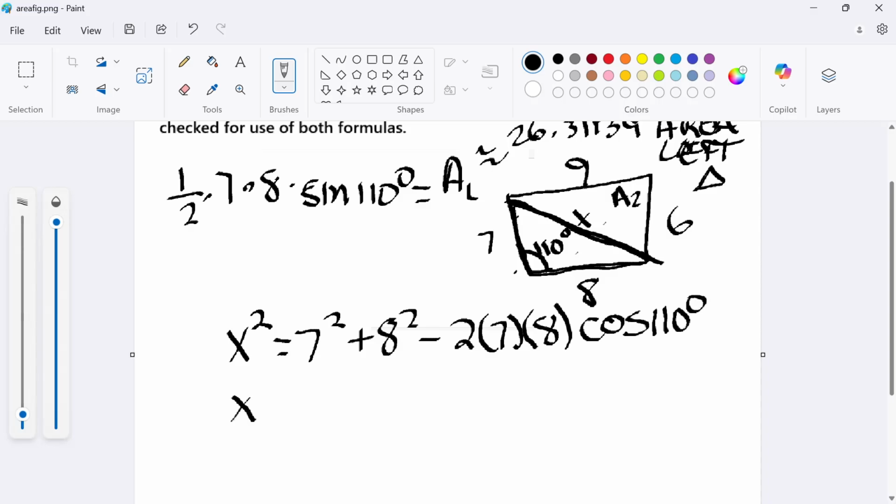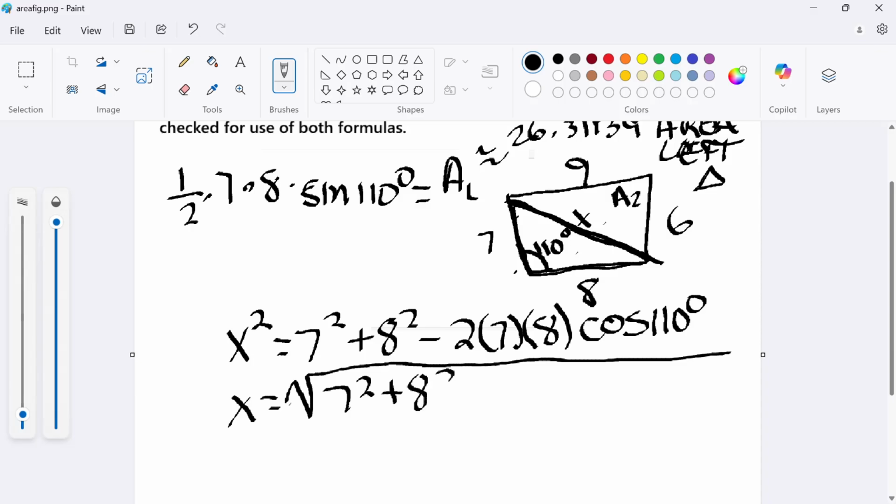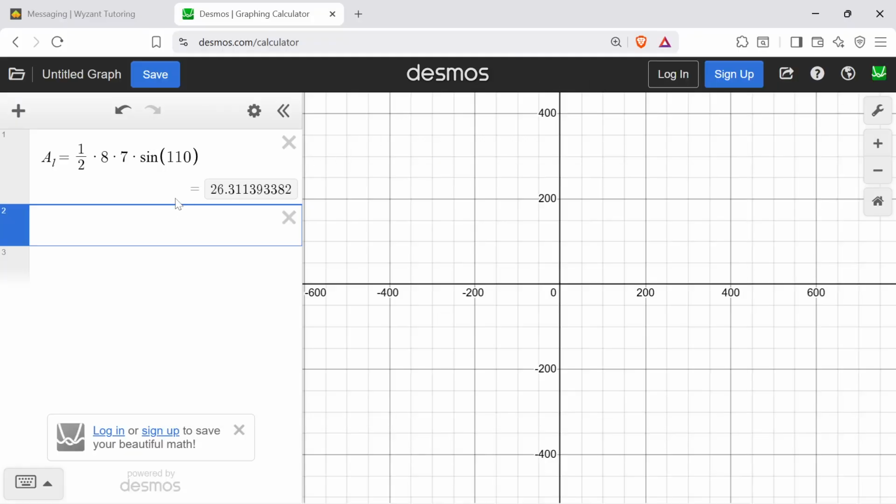And then if I want x, it's going to be the square root of all of that. 7 squared plus 8 squared minus 2 times 7 times 8. That's 7 times 8 is 56 times 2 is 112, cosine 110 degrees. I'll call that x1.